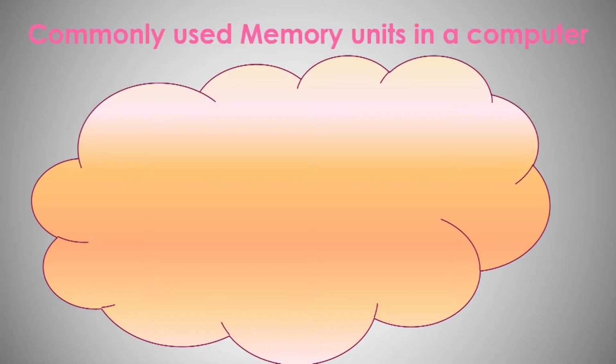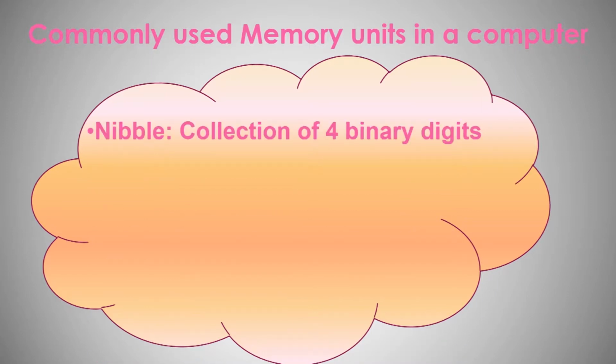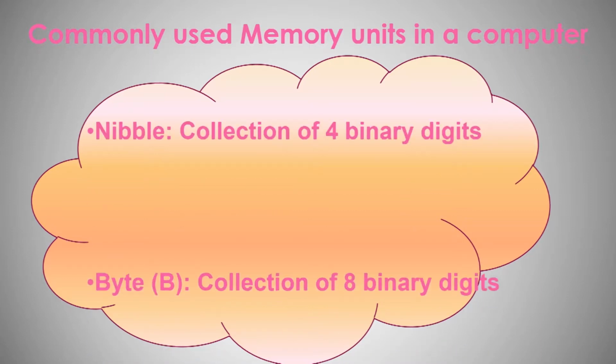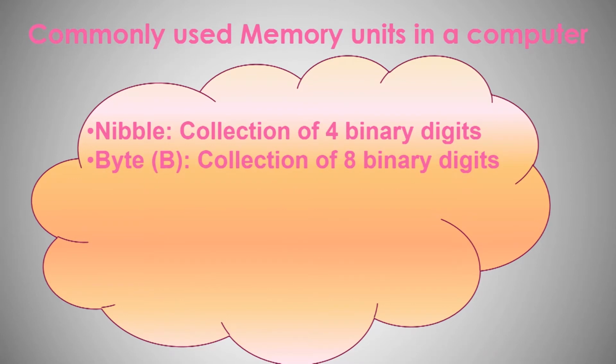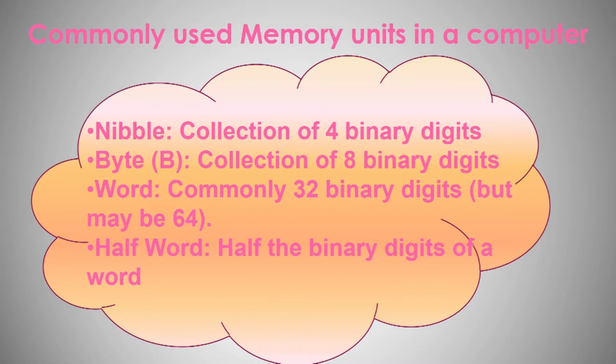So commonly used memory units in a computer are: nibble, a collection of 4 binary digits; byte, a collection of 8 binary digits; word, commonly 32 binary digits but maybe 64; half word, half the binary digits of a word; double word, double the binary digits of a word.